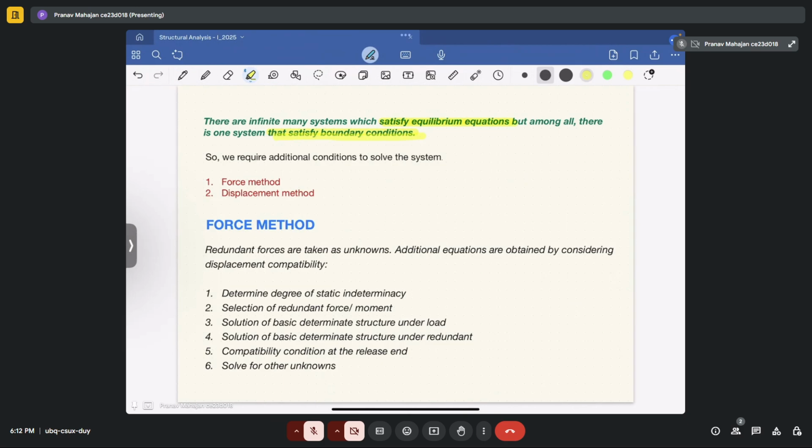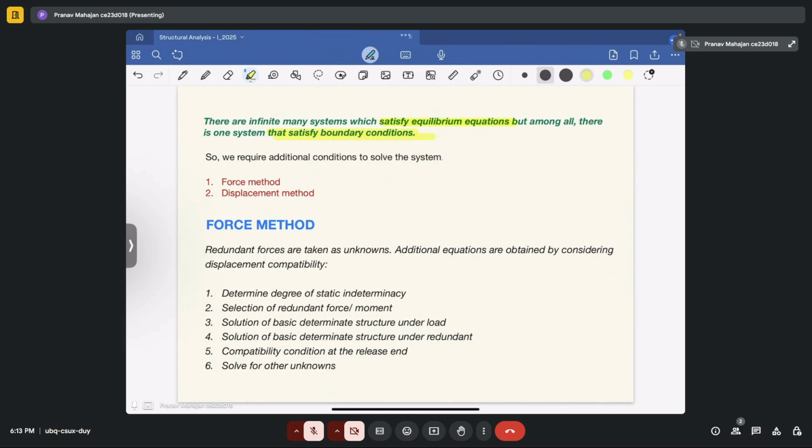That means now we have a propped cantilever in which at the propped end you will observe the displacement to be 0. So this will come as a compatibility equation for your structure, wherein you will try to make the displacement at the propped end equal to 0.